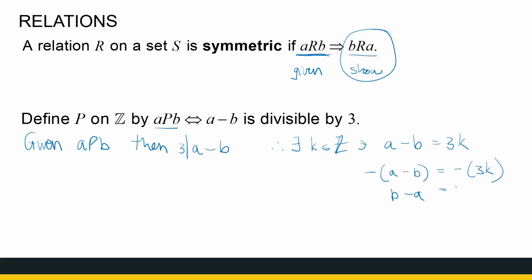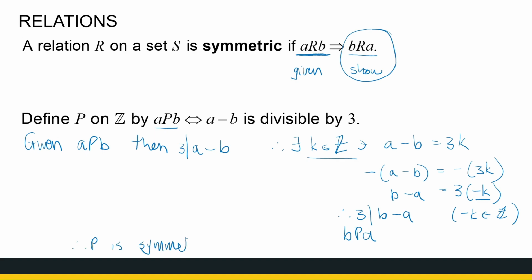Minus 3k is the same as 3 times minus k. Now I know k is an integer. Therefore, minus k also has to be an integer. So therefore, 3 is a divisor of b minus a, since minus k is an integer. So if 3 is a divisor of b minus a, then I know bPa is true. So therefore, P is symmetric.